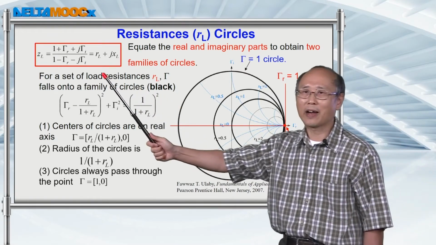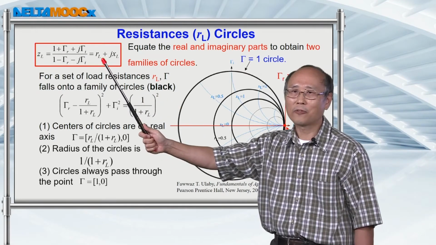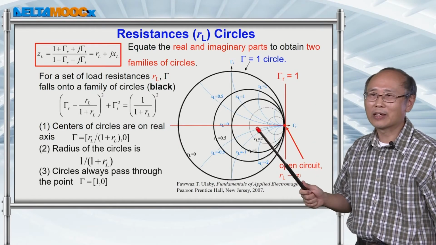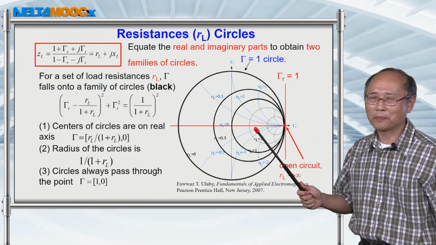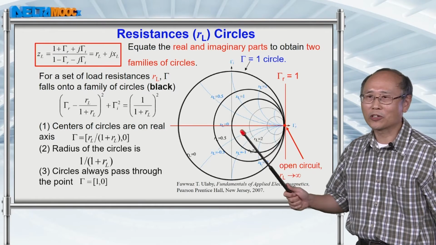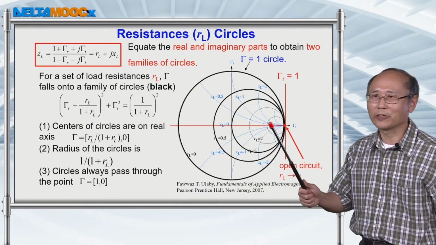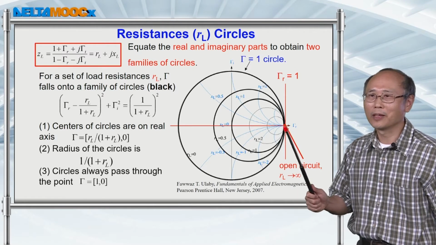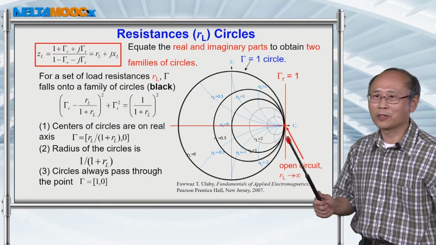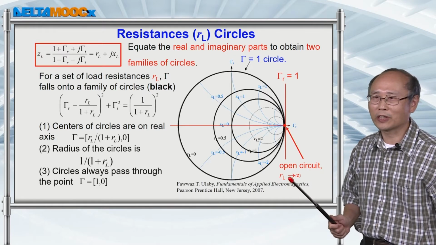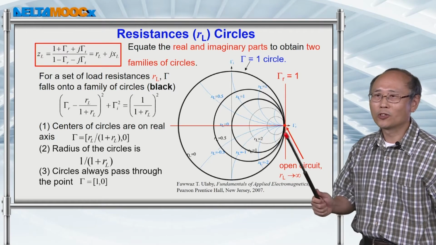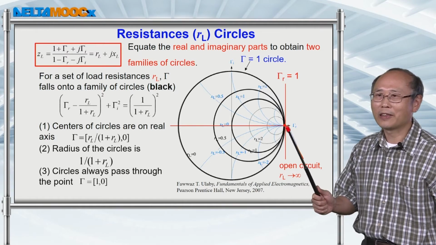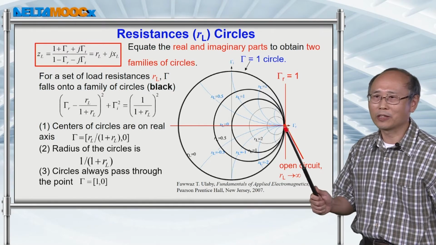If you specify RL for your reflection coefficient, then you end up having a family of circles, and the centers of the circles are located on this real axis, and all the circles will pass through this point, and this point corresponds to your load resistance being equal to infinite. So if you have an open circuit transmission line, then this is the point you want to look into.